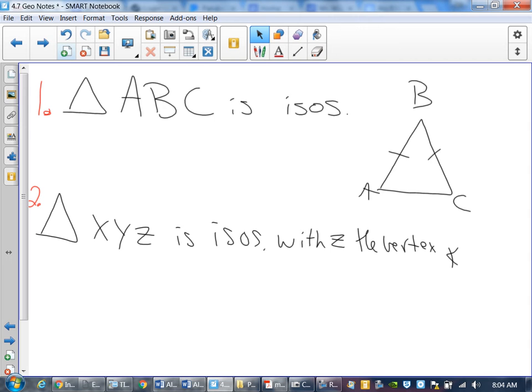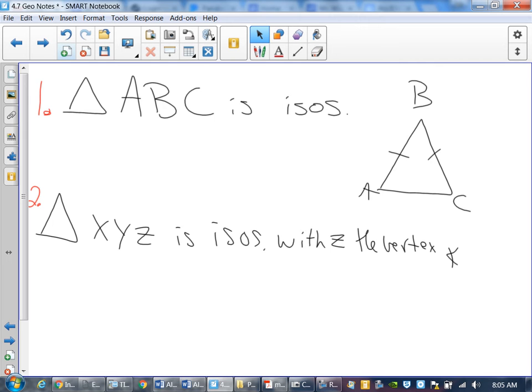When it says triangle ABC is isosceles, it is just assumed, this is the one time you can make an angle side out of yourself, it is assumed that the middle letter is the vertex angle. When it tells you what the vertex angle is, that's when you have to make it. Okay?